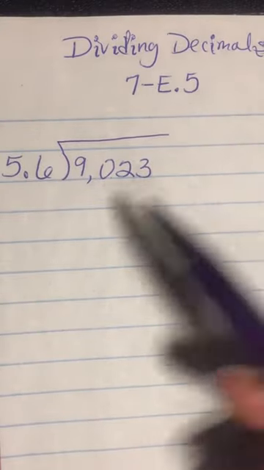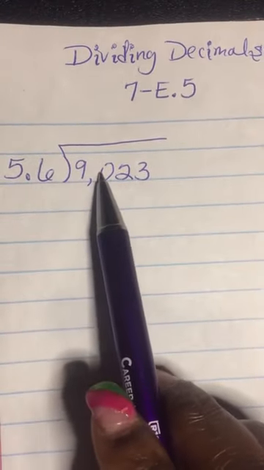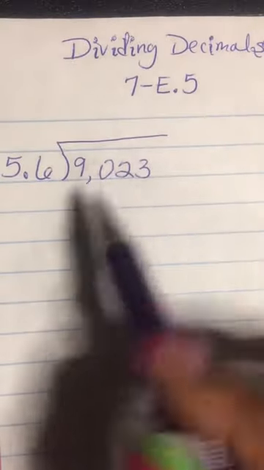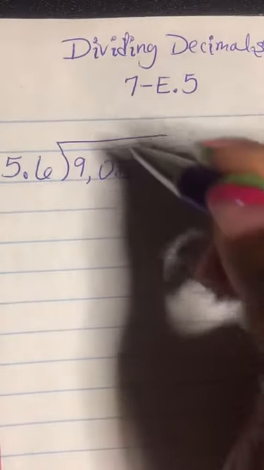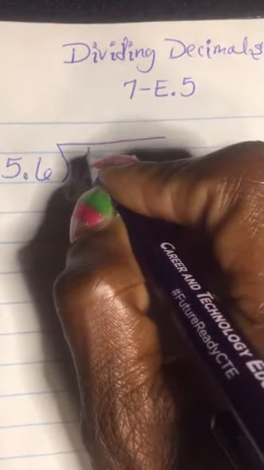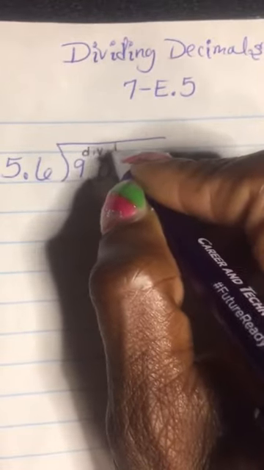The first thing that you need to know is that long division is the same thing as a fraction. So this number is called the dividend. This number is also the numerator.